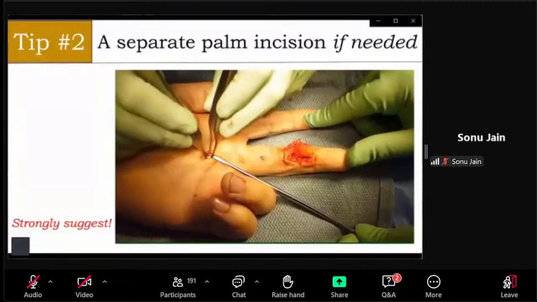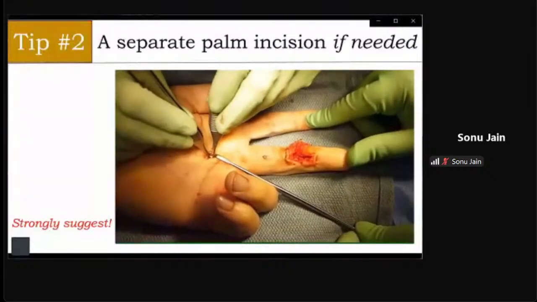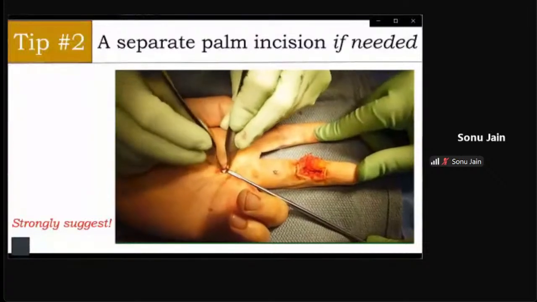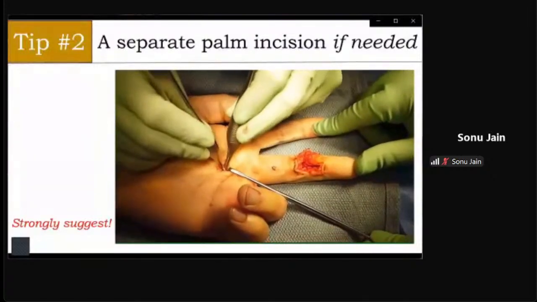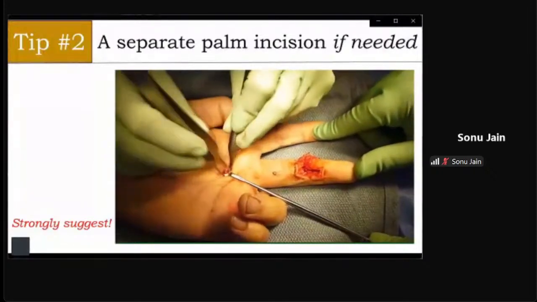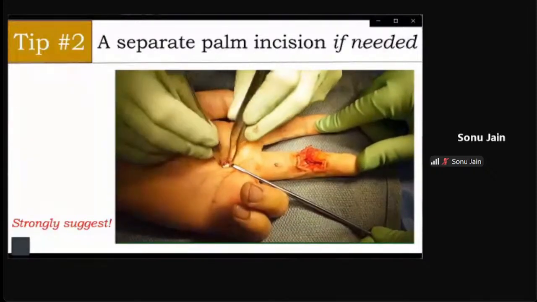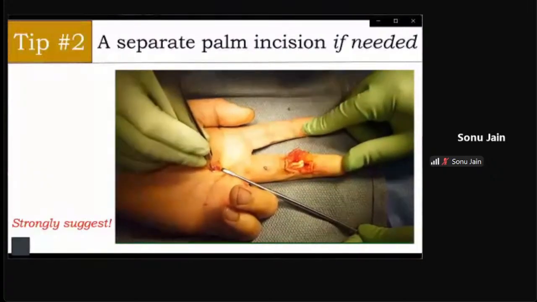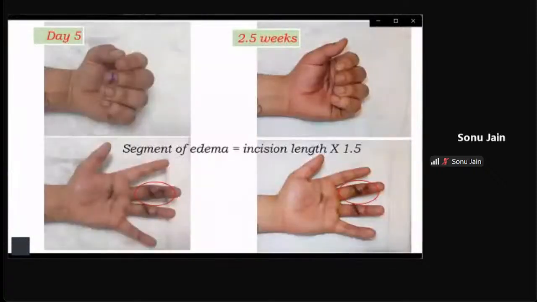Then we make an incision in the palm, using 2 forceps to push alternately to push the FDP tendon to the surgical site in the digit, avoiding a lengthy incision in the digit.